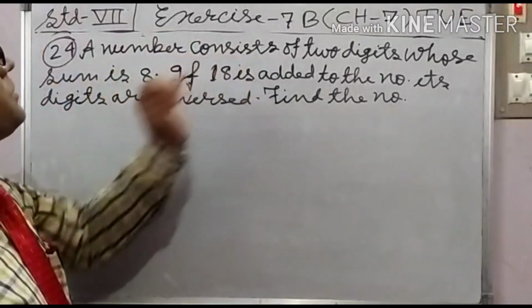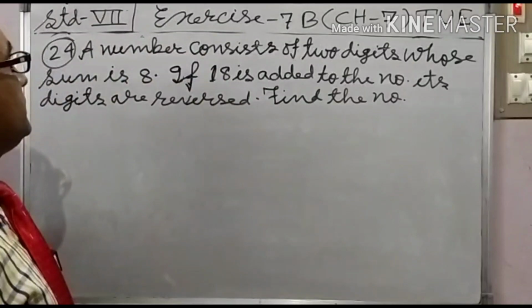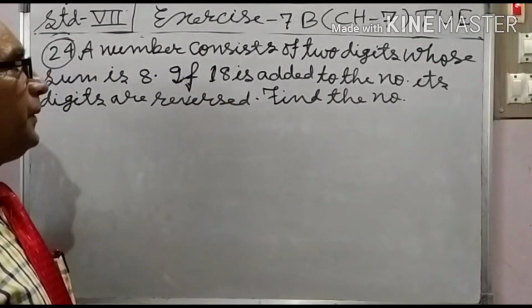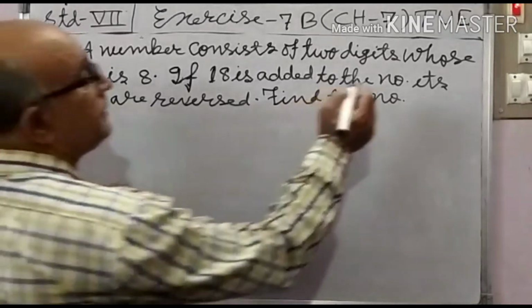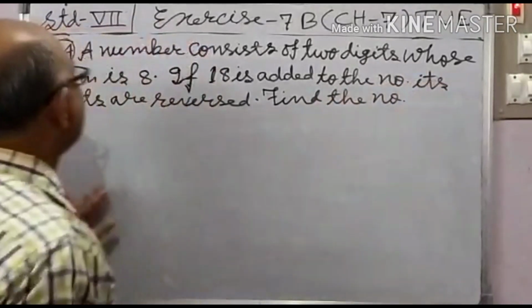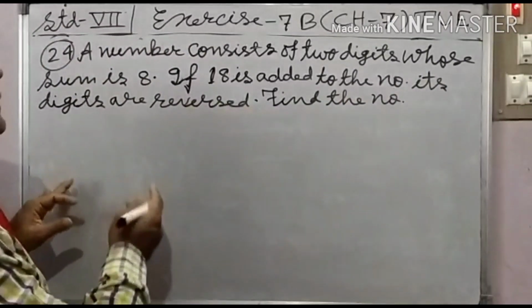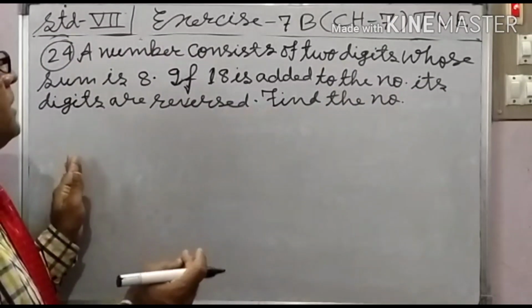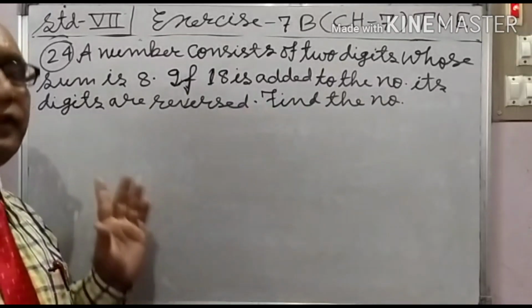A number consists of 2 digits whose sum is 8. If 18 is added to the number, its digits are reversed. Find the number. In a 2 digit number, there are 2 places, units and tens.